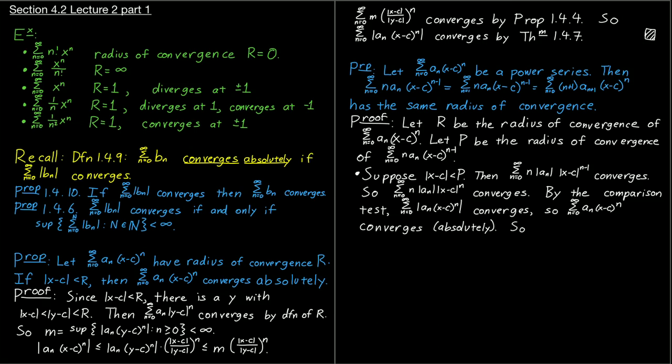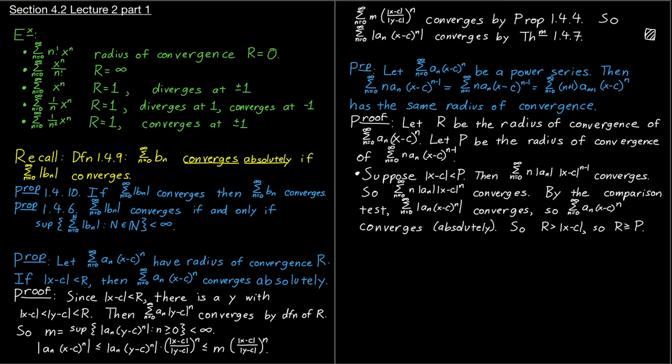So that means that R is greater than |x minus c|, and this is true for any x minus c that's less than R, so that means that the radius of convergence of the original series has to be at least the radius of convergence of the new series, the one with the n's in it.